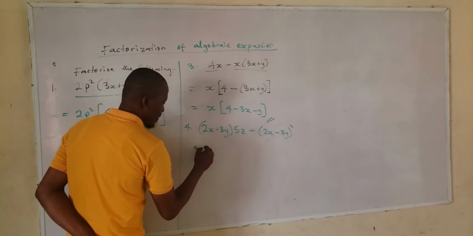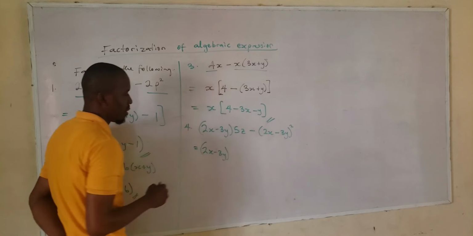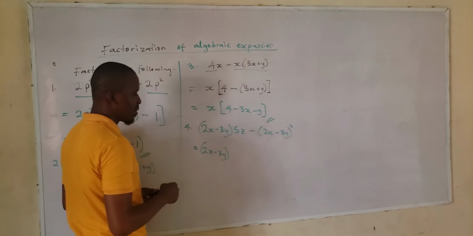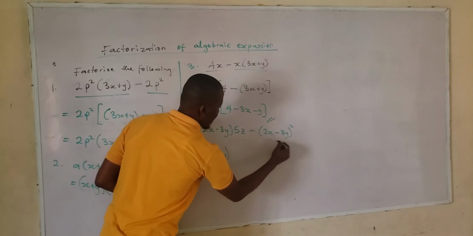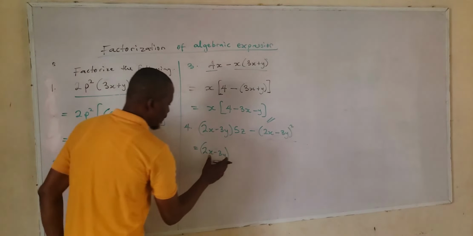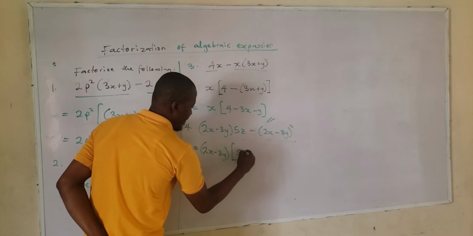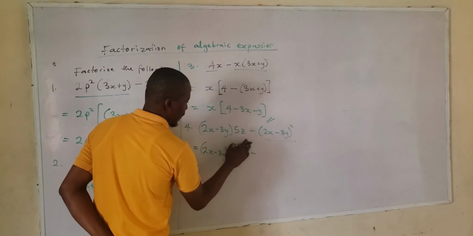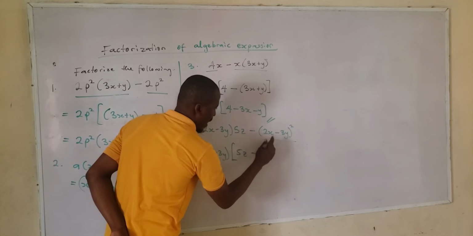So that means 2x minus 3y is common, okay? What do we mean by is common? You can get it in this term here. You can actually get it in this term here, okay? So that will give you, open a bigger bracket. What is left is 5z minus one of these.